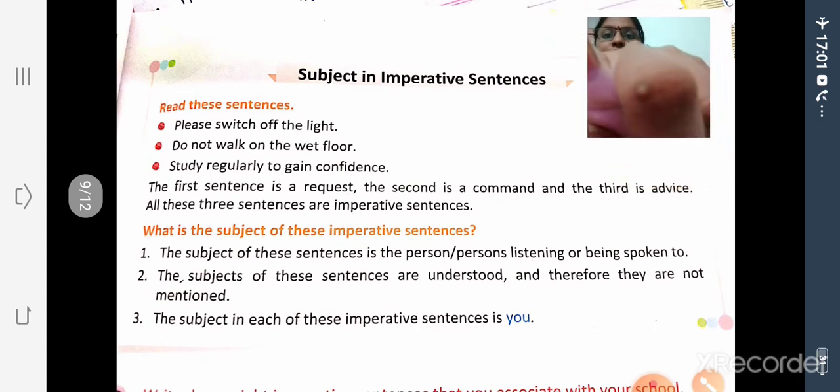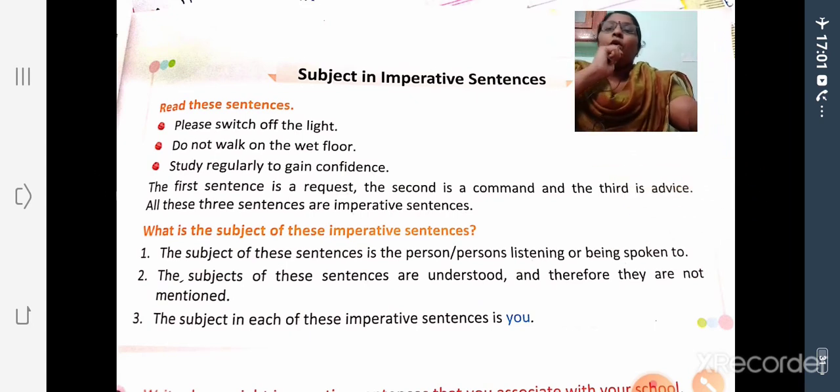Now one more topic in this lesson, that is subject in imperative sentences. As we all know, there are 4 kinds of sentences: declarative sentences, interrogative sentences, imperative sentences, and exclamatory sentences.